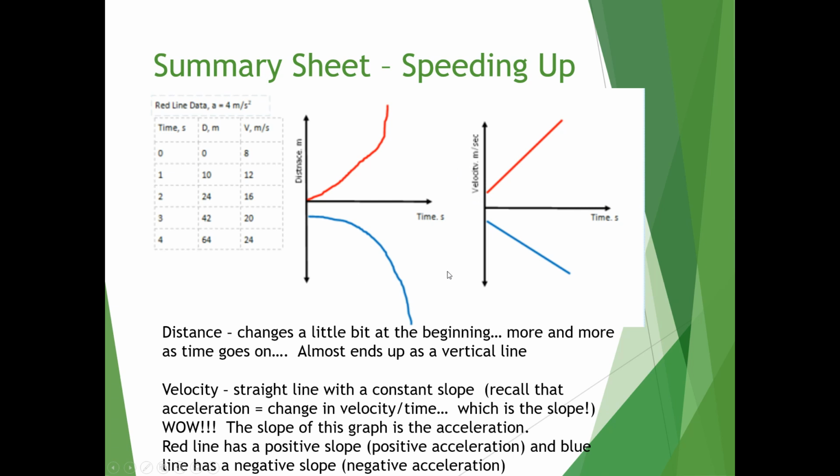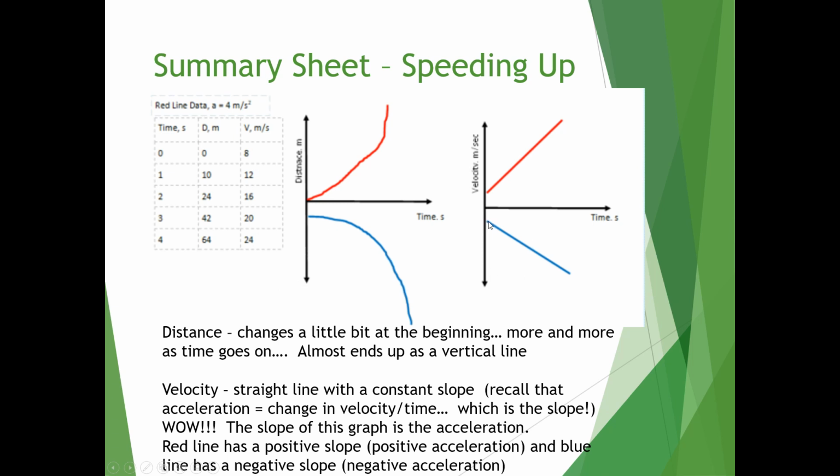So the red line here has a positive slope, so that means you have positive acceleration, okay? And if I do my blue line, you're going to end up with a line that has negative slope and negative acceleration. I didn't plot it for the blue, but you could have the same thing, but you're going to have negative numbers here.